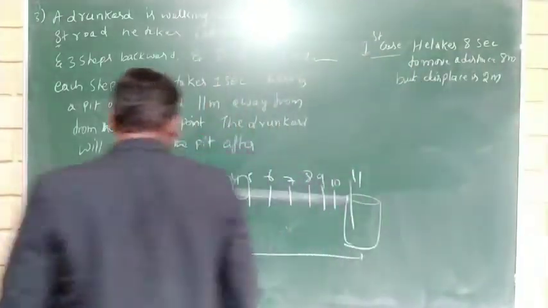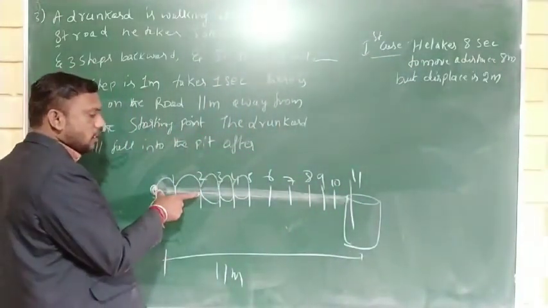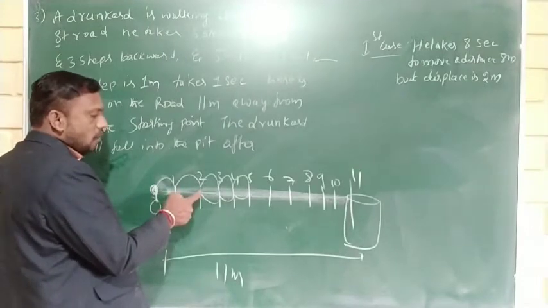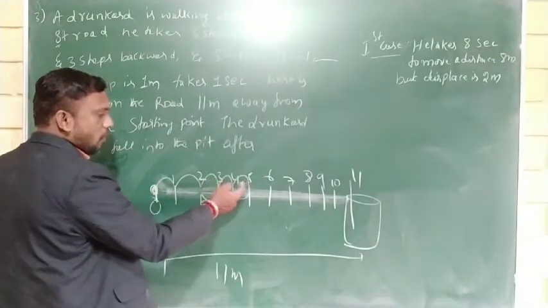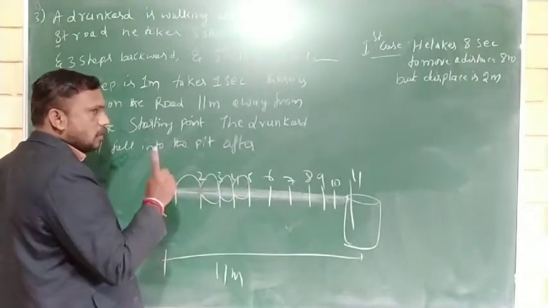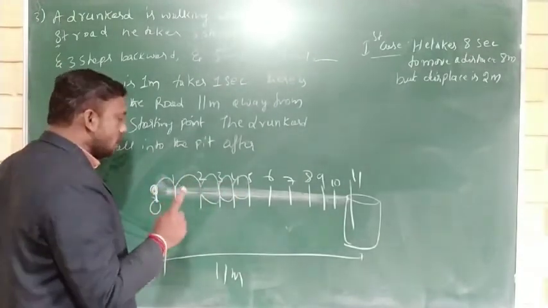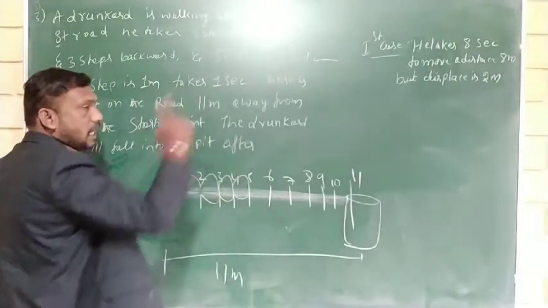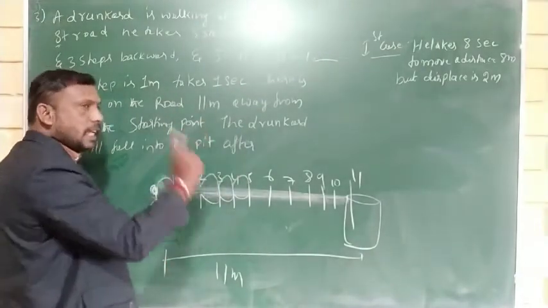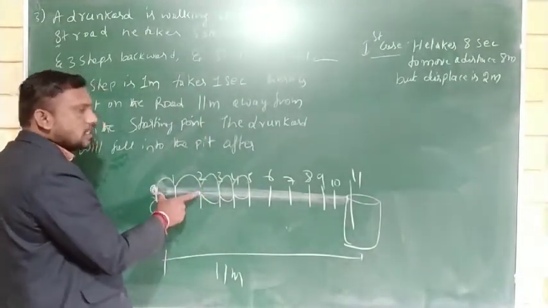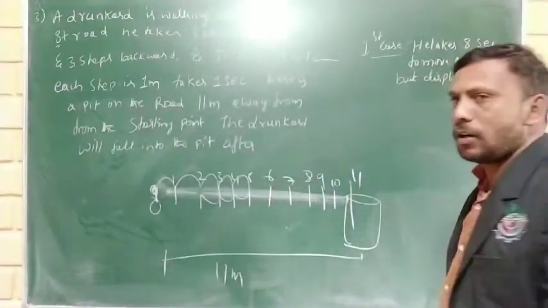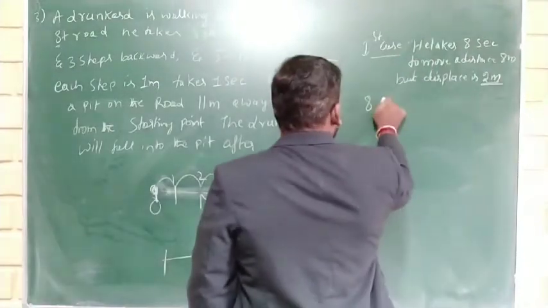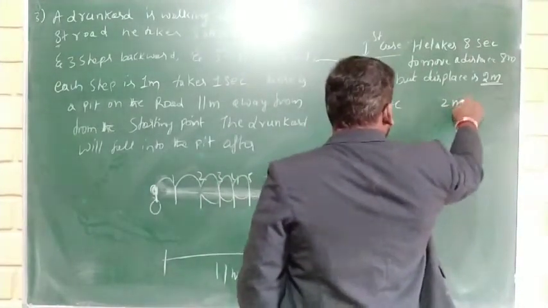Displacement is the shortest distance between initial and final position. This is the final position. Each step is 1 meter and time taken is 1 second. Therefore, total distance is 8 meter, total time taken is 8 seconds, but displacement is 2 meter.